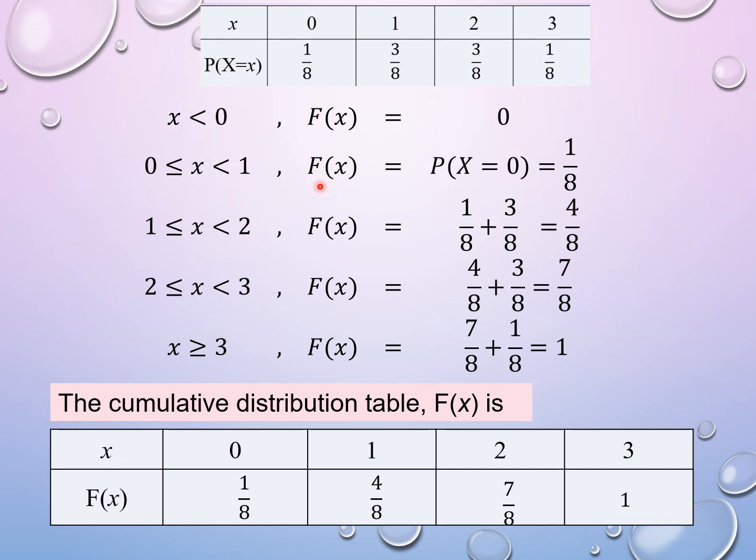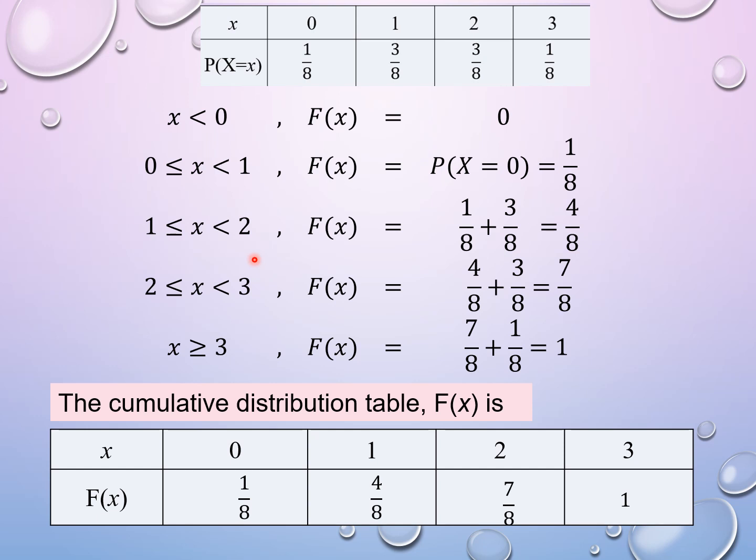So the probability will be the probability of X equal to 0, 1 over 8. Then we continue x greater than or equal to 1, less than 2. X greater than or equal to 1 means the probability of X equal to 0 plus the probability X equal to 1. So you have 1 over 8 plus 3 over 8, which is equal to 4 over 8 over here.